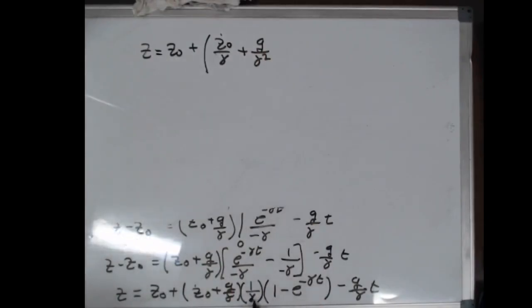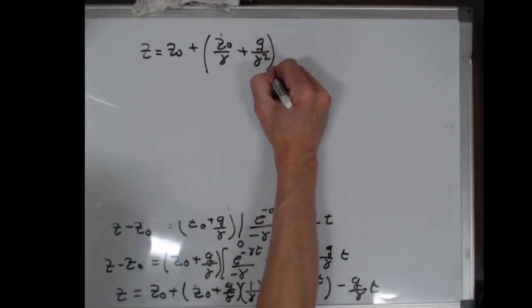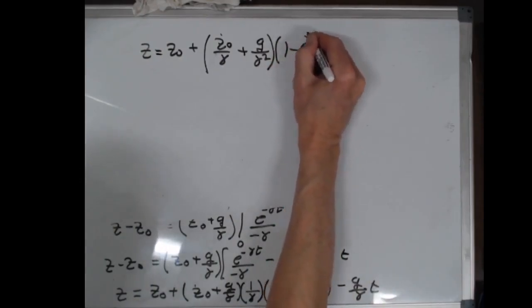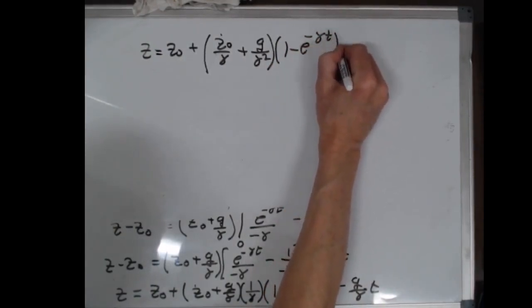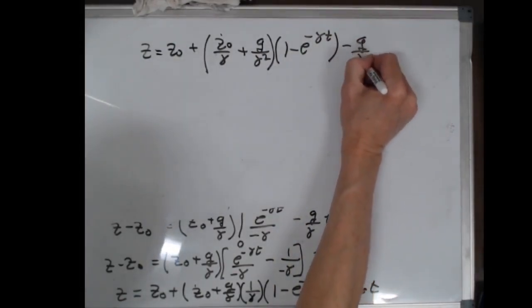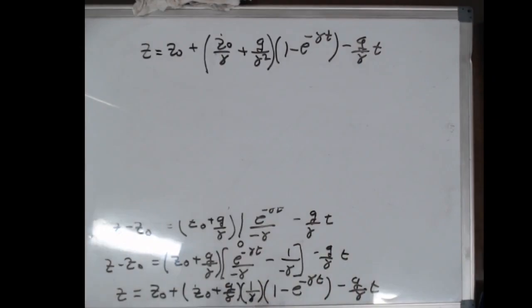I just absorbed this gamma into this guy, right? I don't know if that's the best way to do it. Times 1 minus e to the minus gamma t, minus g over gamma times t. And so now we have the x, the y, and the z positions as a function of time for an object that's moving as a projectile under linear drag.